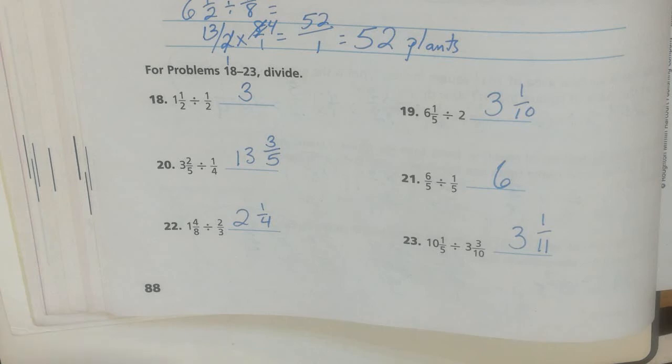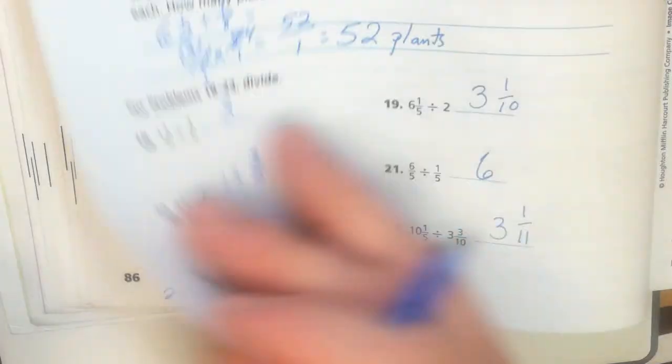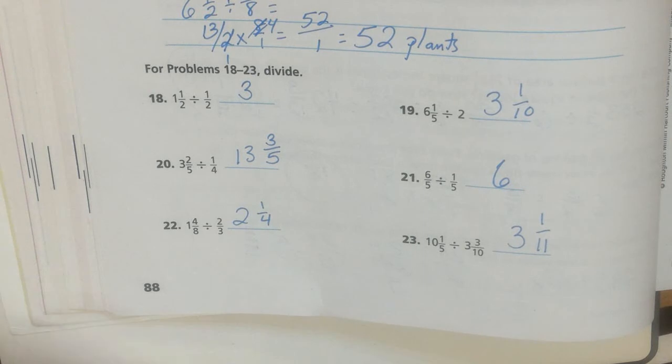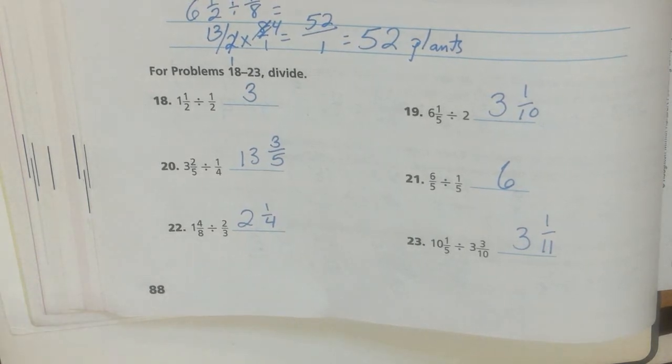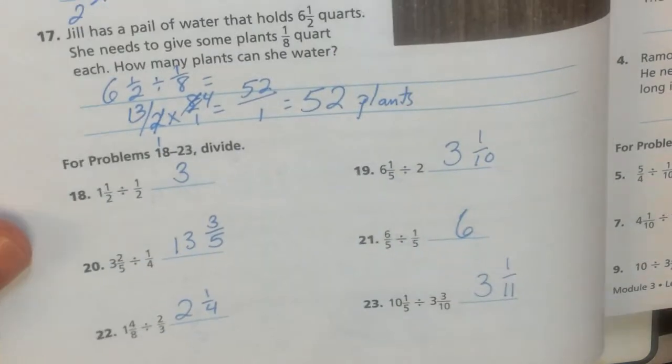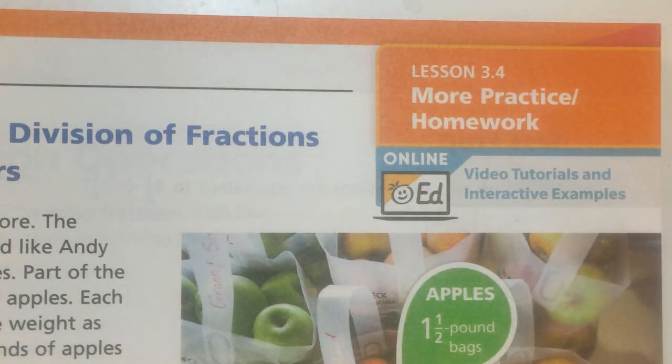Okay? Now, we did pages 85, 86, 87, and now 88 together. So in your book, hopefully you've got all those pages completed, so that's evidence of you completing that work. Now that we've finished the lesson together, I want you to complete lesson 3.4, more practice and homework, on pages 89 and 90.